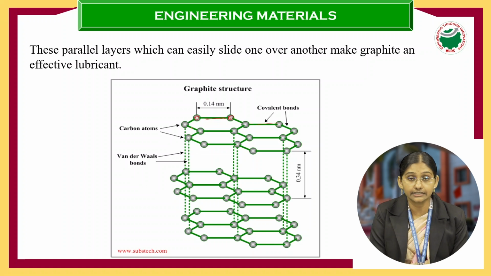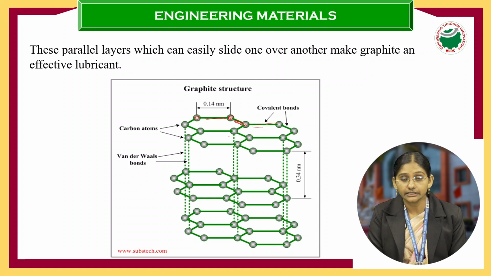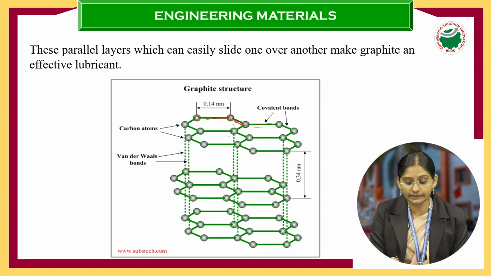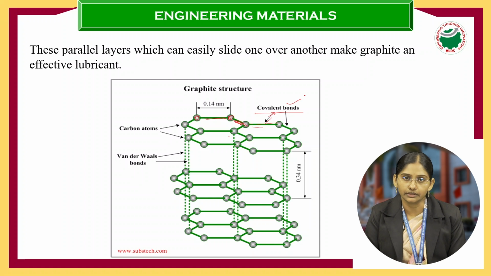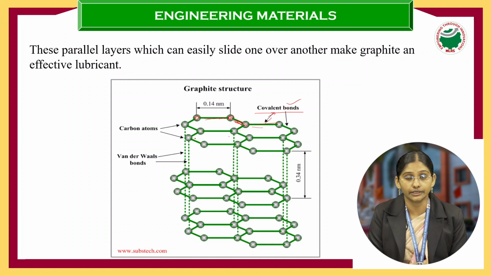It is a hexagonal structure, and between every two carbon atoms there is a covalent bond, like this between the atoms in each layer. Got the point? Between the atoms in each layer, they are held together by the strong covalent bond.